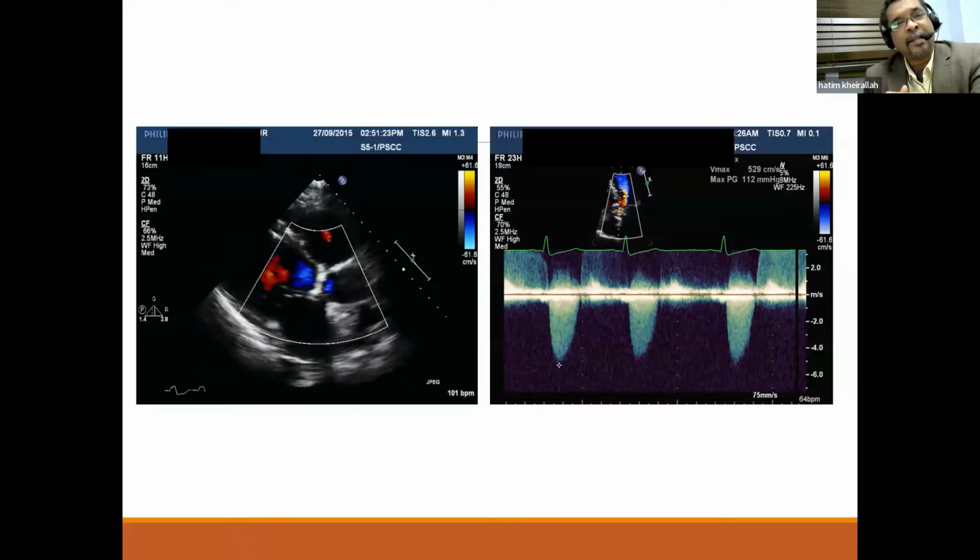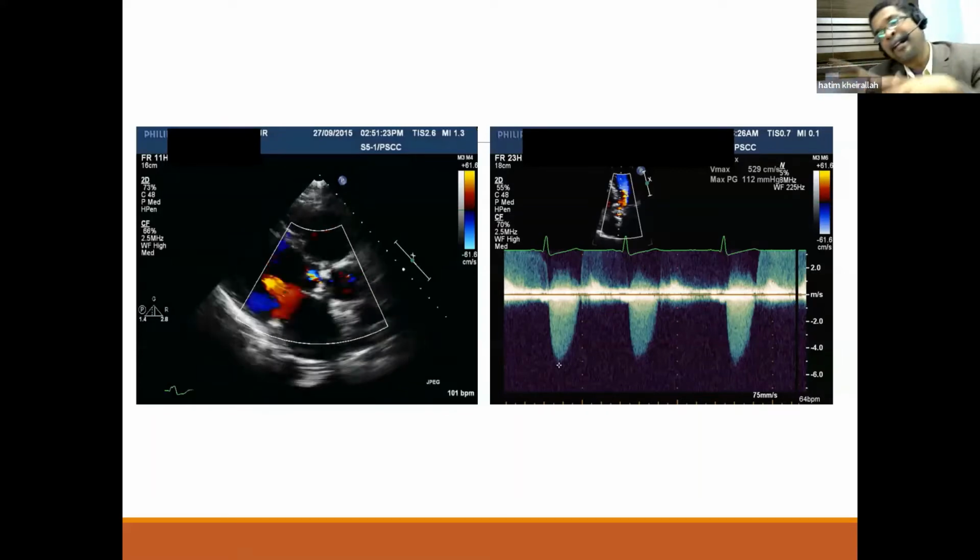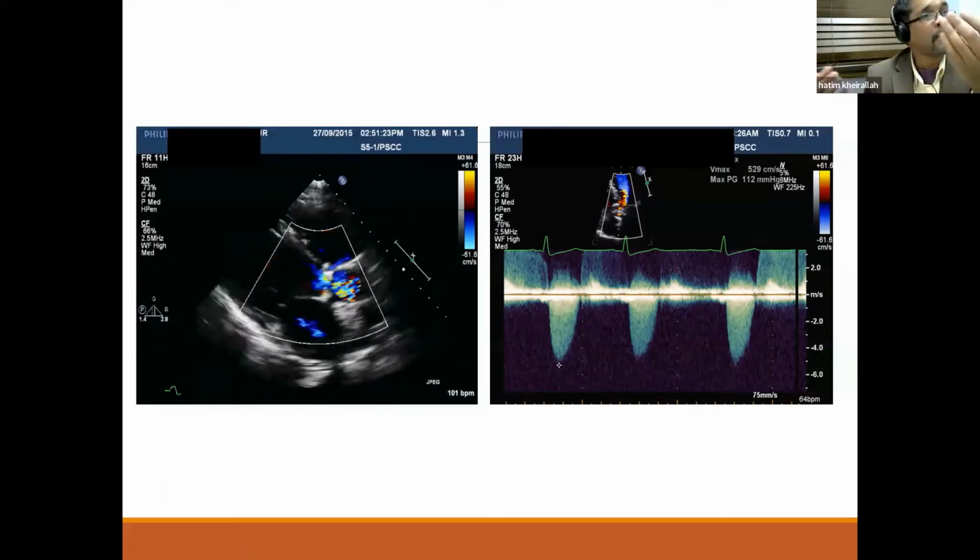But now we realize that sometimes you can have good contractility, supernormal contractility, but the flow is low. That's why they call it paradoxical, because the contractility is normal, but the stroke volume is low.